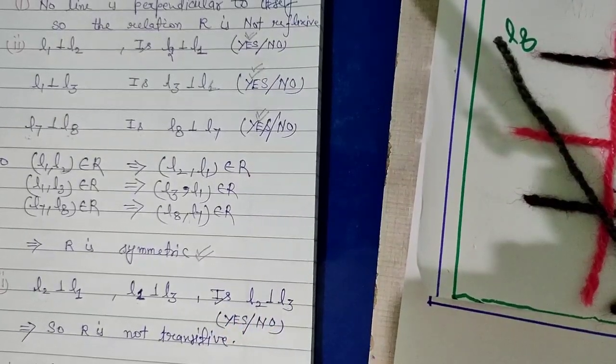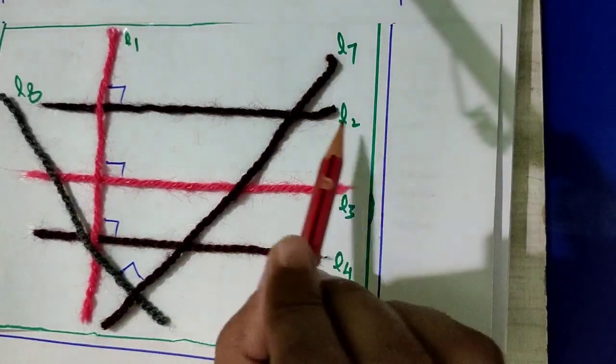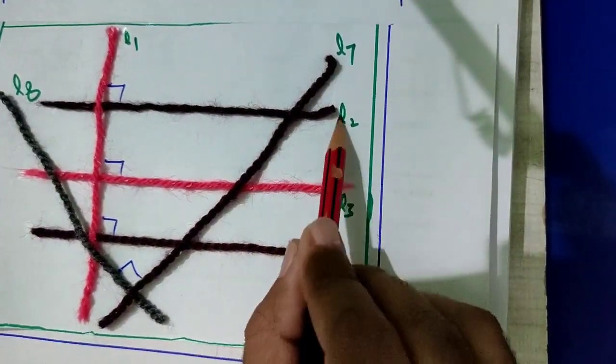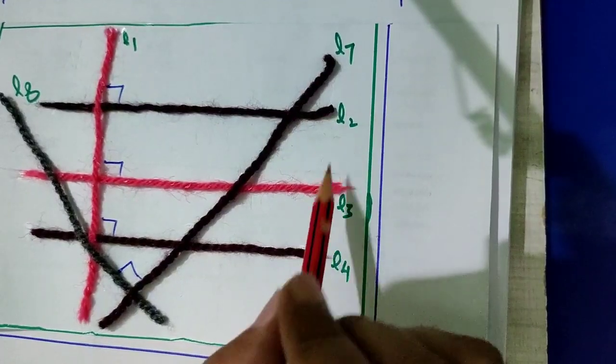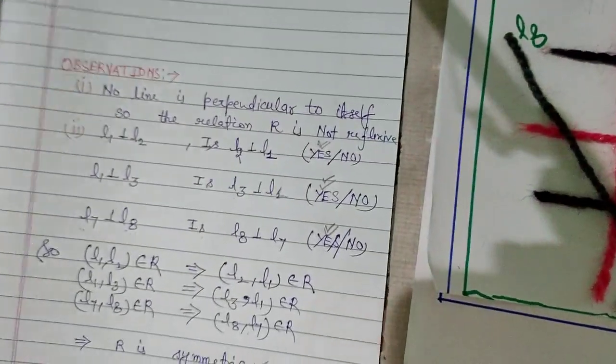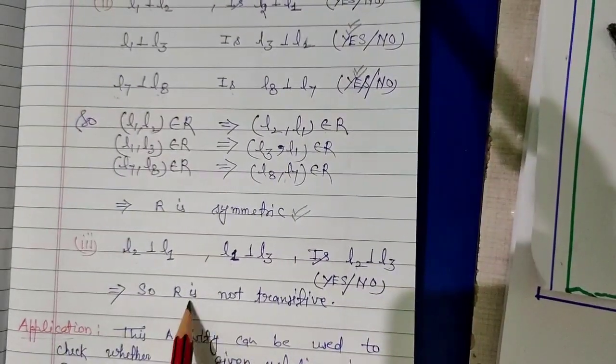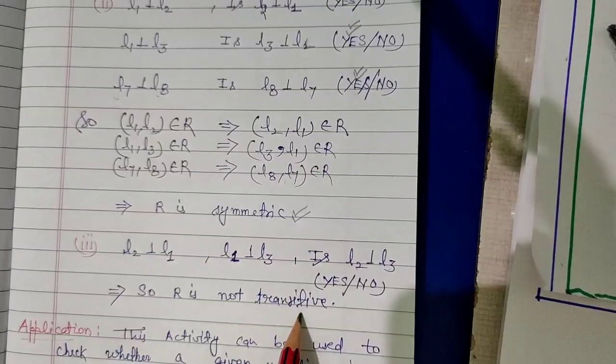Yes or no? No, it is not true. You can see that these two lines are parallel. So by this activity we have seen that R is not transitive.